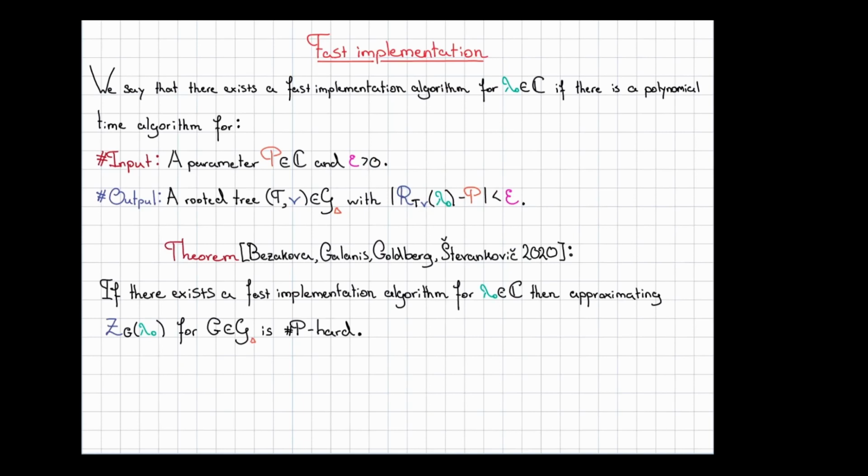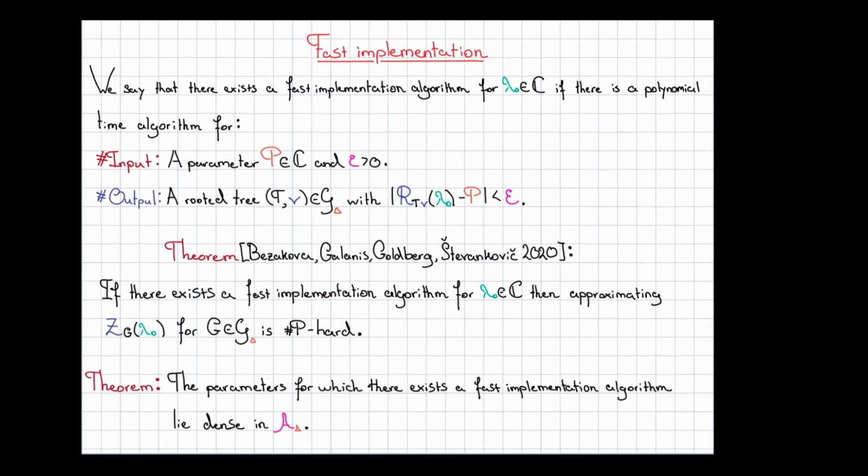So you can use these graphs to implement other parameters p inside some given graph. Essentially, if you had a fast implementation algorithm for lambda 0 and a fast approximation algorithm, then you could approximate the partition function for any parameter. Okay, this is roughly how it works.